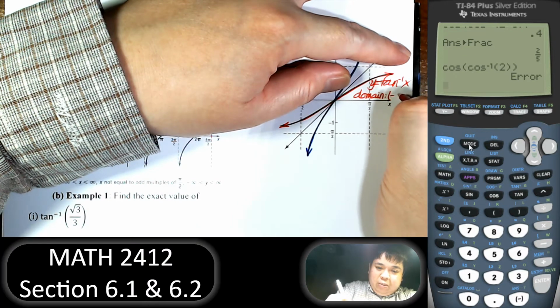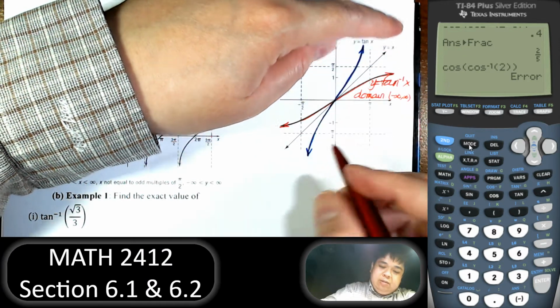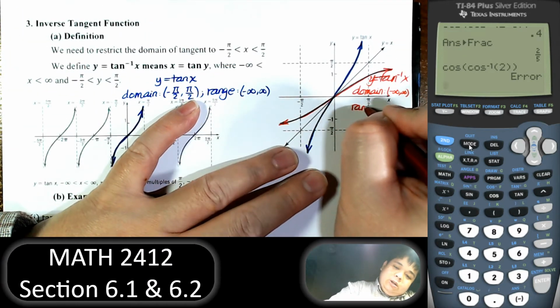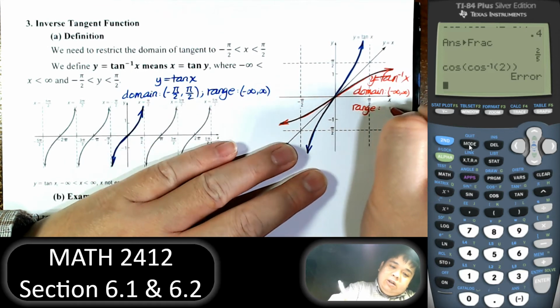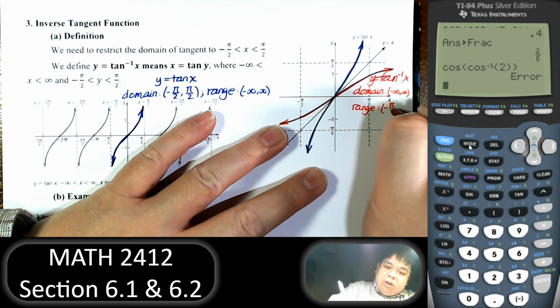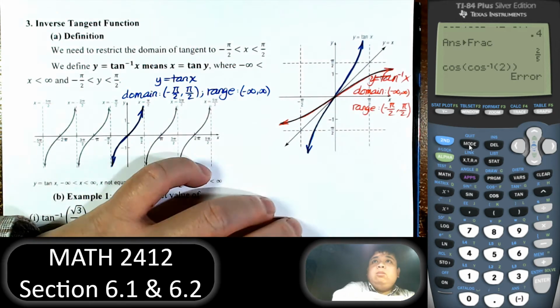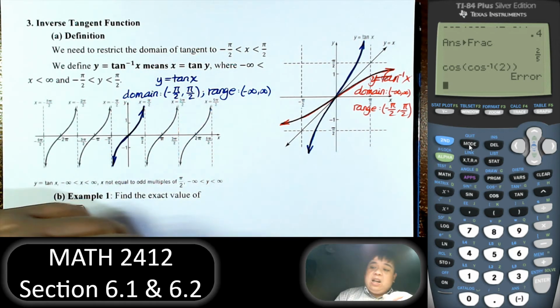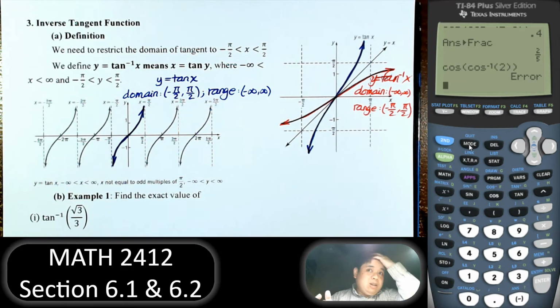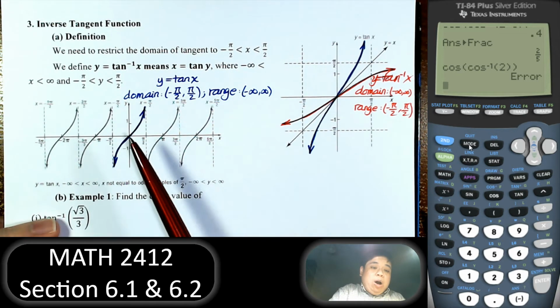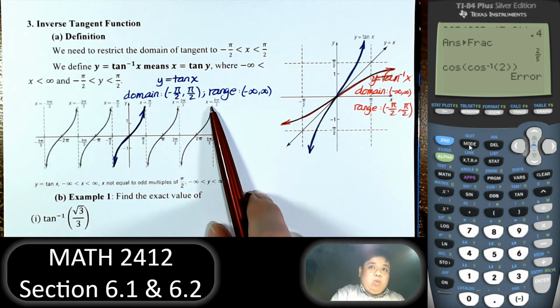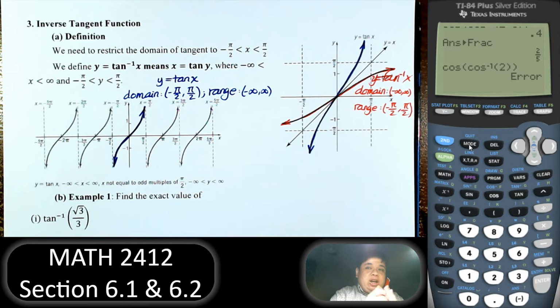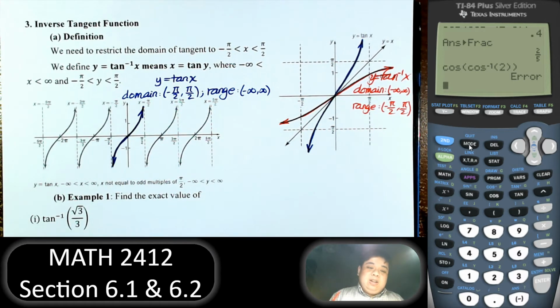Domain will be negative infinity to infinity, and the range for that function is negative pi over 2 to pi over 2. Right. So just exactly like what we have for the sine and cosine inverse, we want to restrict the domain and range so that it is 1 to 1, and after that interchange the domain and range. Then we have the inverse function.